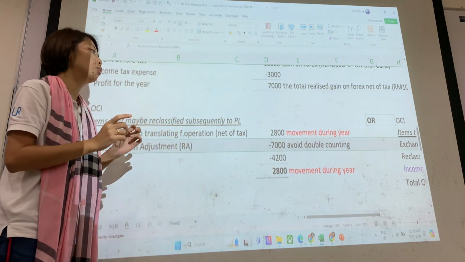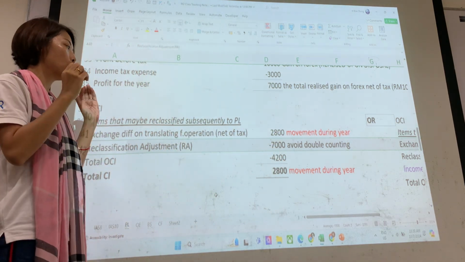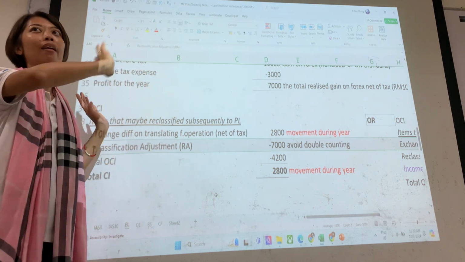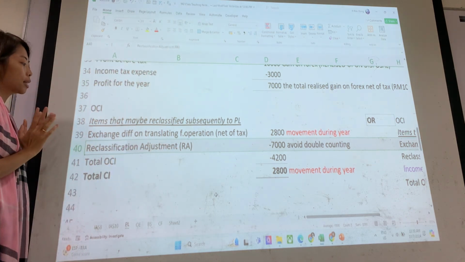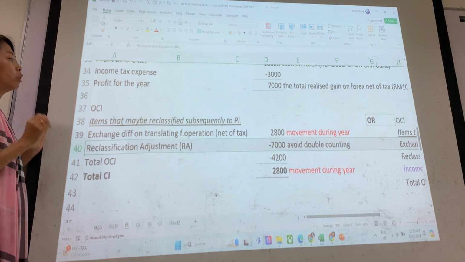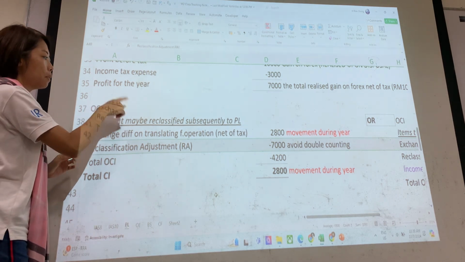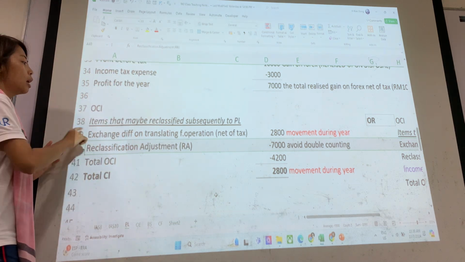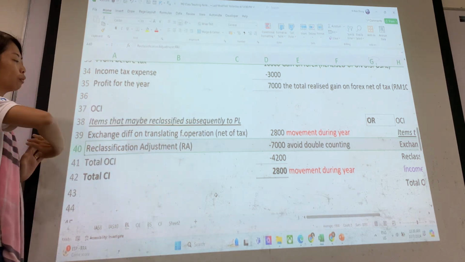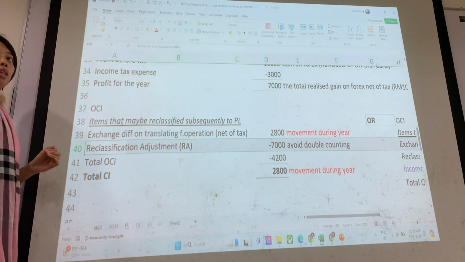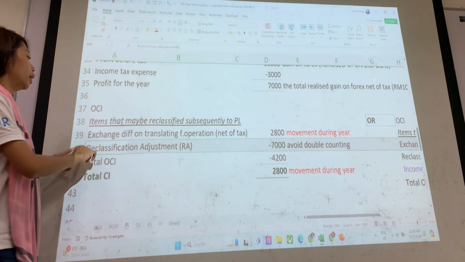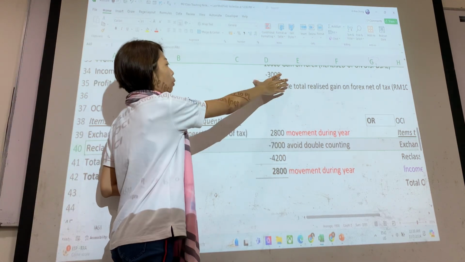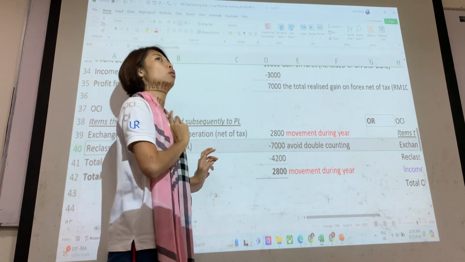Now for those students who really don't know what I said, never mind. At least you have to understand from this story that reclassification adjustment will only happen for items that may be reclassified subsequently to profit or loss. Our only example is foreign operation exchange difference. It will only happen when we dispose it or transfer it out, and you are actually repeating the one in profit or loss, you negative it only.